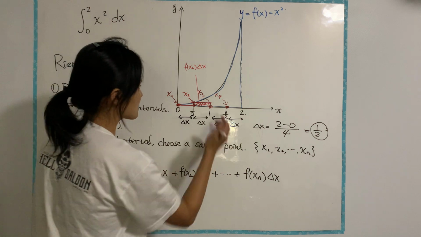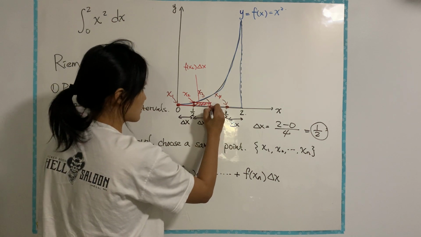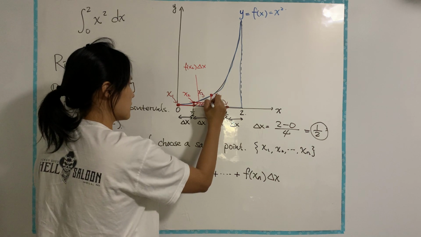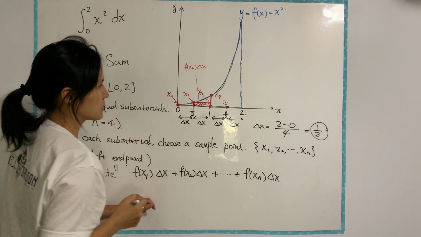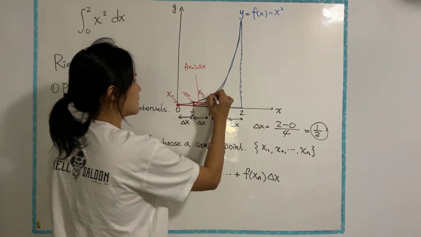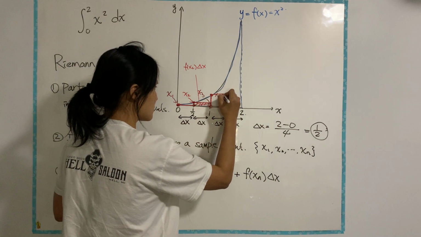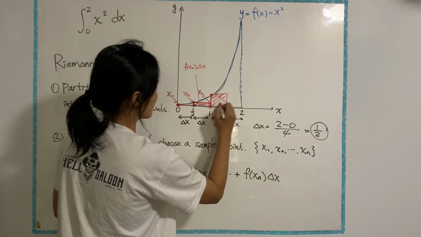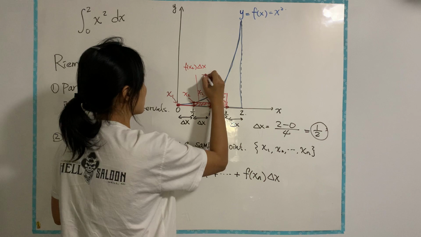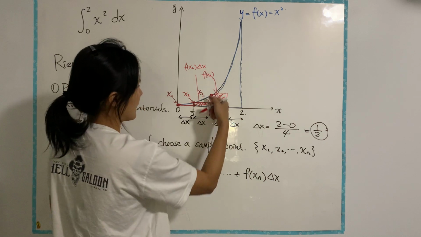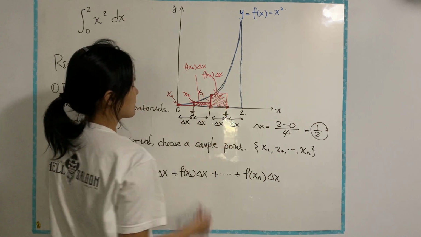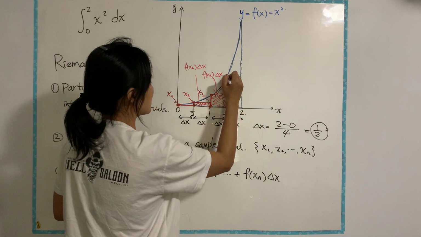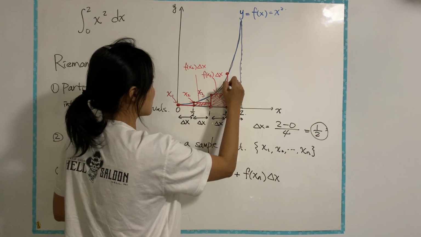Okay, and the next one would be f of x3. This is my x3. So f of x3 would be this value, the height of this point. Okay, and if I do f of x3 times delta x, then what I'm getting would be this area. So f of x3, the height, times the base. Okay, and similarly, f of x4 will give me this value.